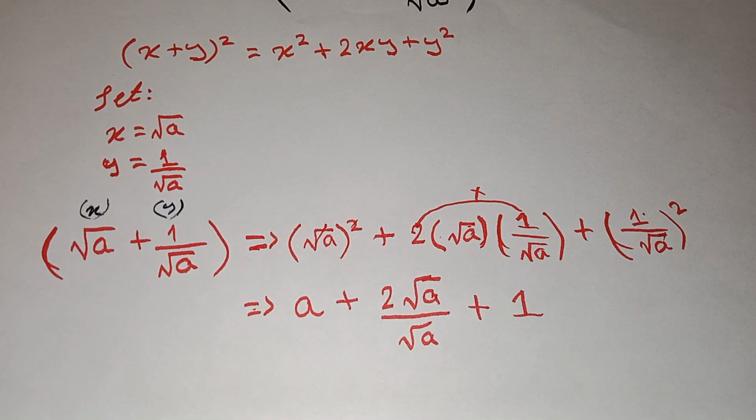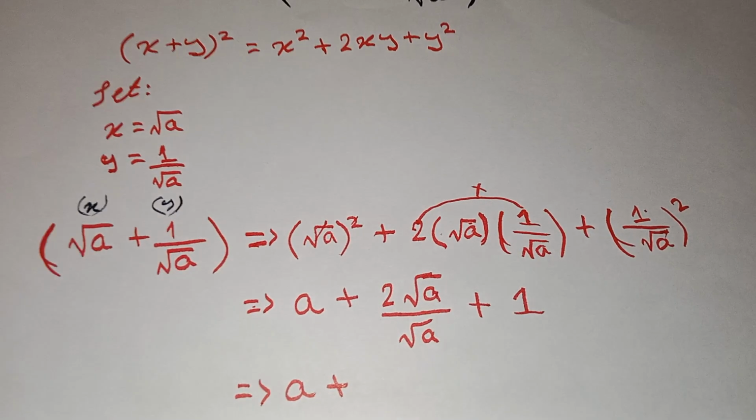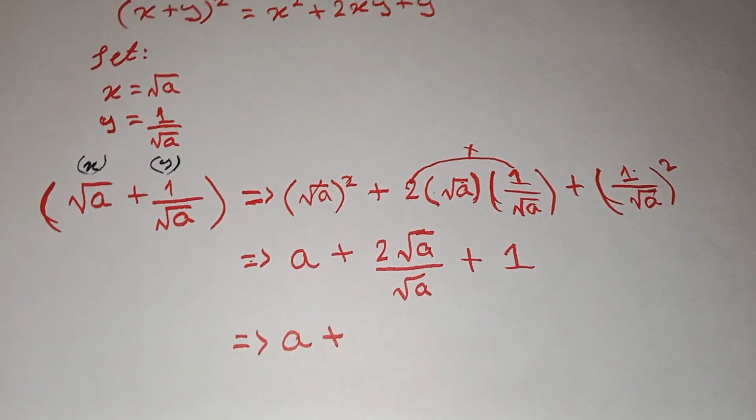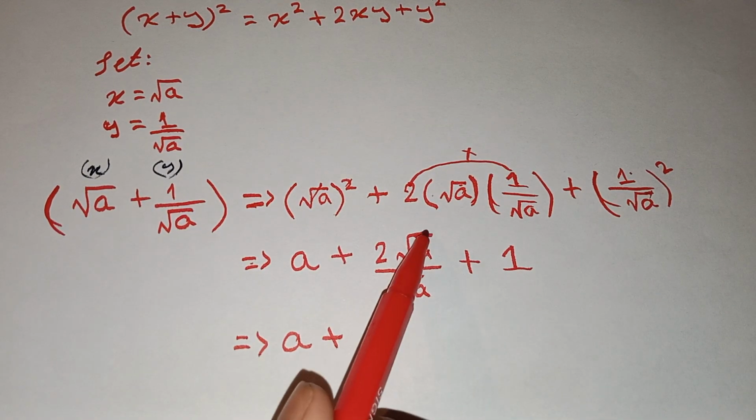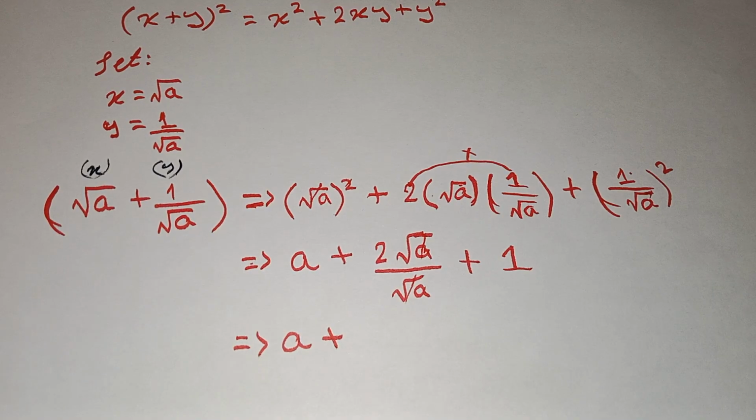So a cannot be simplified further because it is alone. So we will write a plus 2 square root of a over a. Now 2 square root of a is in the numerator and also in the denominator. So square root of a will be cancelled in numerator and denominator.